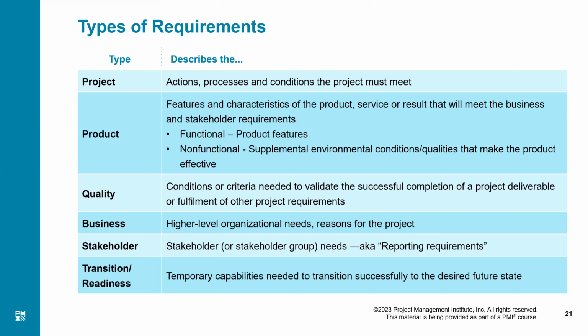These are the transition and readiness requirements. I hope now you understand all the different kinds of requirements, but here in this slide, we did not talk about the work of the project. We just talked about the requirements. What is supposed to be developed? What are the requirements of the product? I hope you got that.